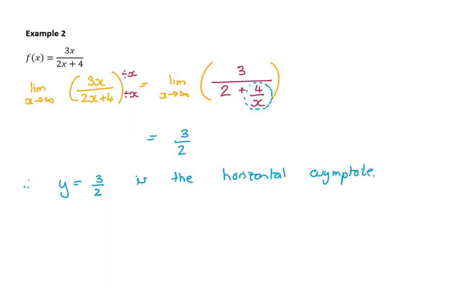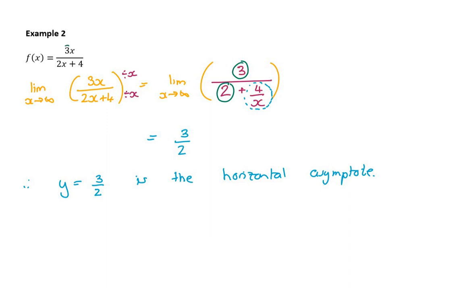Now notice in this case, the degree on the top and the degree on the bottom were equal. There were an equal number of x's. Now, what happens when there's the same amount of x's on the top as in the bottom? So I mean the degree, the highest power. Do you notice you get a constant and a constant? Because you divided by x and the x has disappeared.